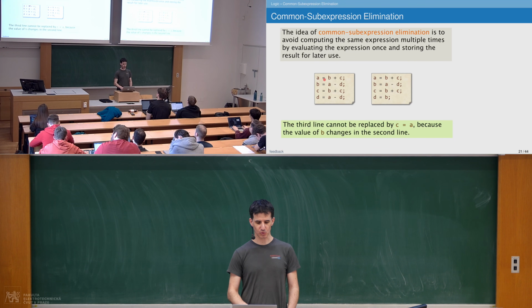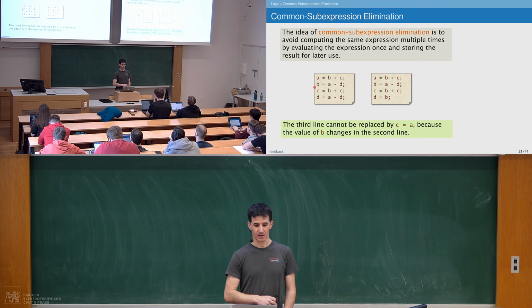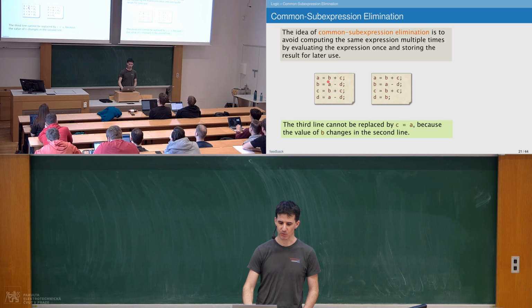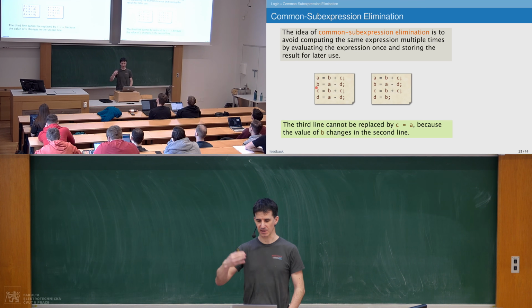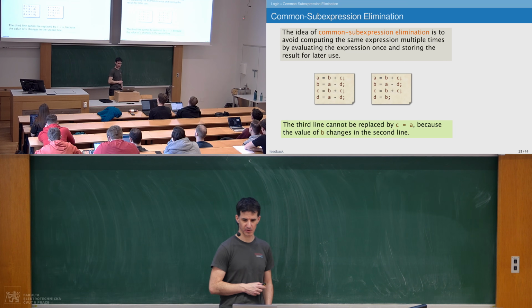The same is not true for a and c because it's b plus c, but b is changing between calculation of a and c. So a good compiler will calculate b and use the same result for d, but will calculate a and c differently, because the results should be different.